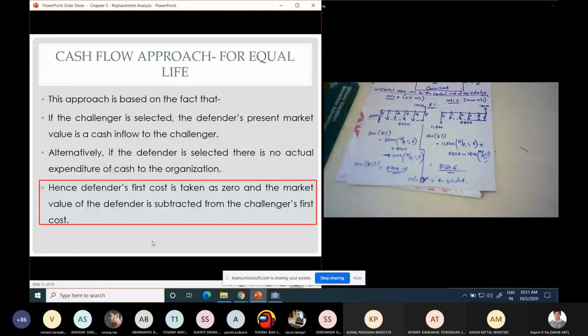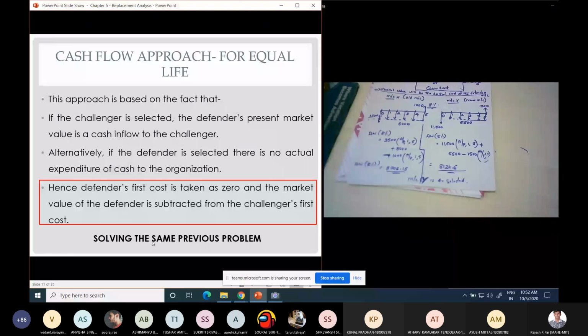According to the organization's perspective, we are drawing the cash flow. Whereas in the case of outsiders, we'll be considering it from the point of view of a third party, or a vendor, or a consultant. Okay, so any doubts here, students? We'll solve the same problem again in the next class, for the cash flow approach.